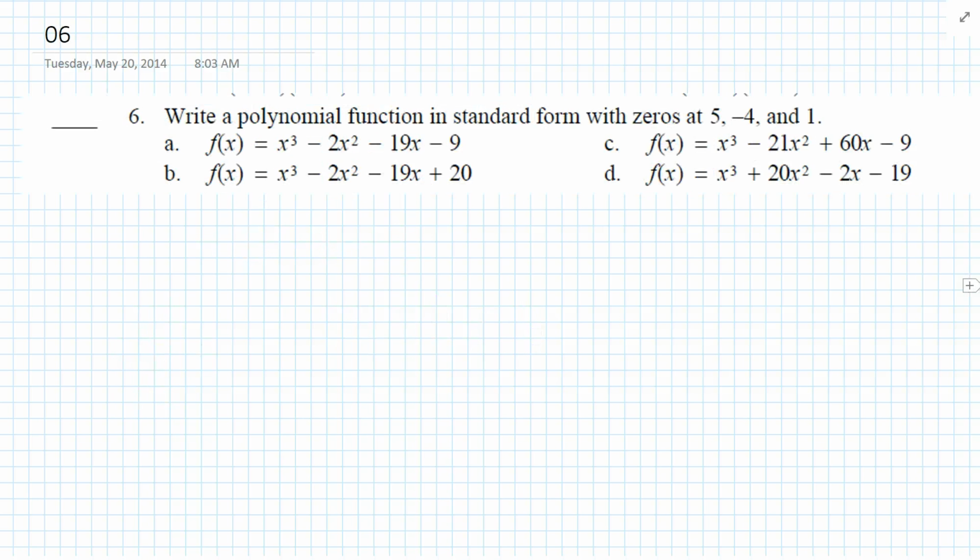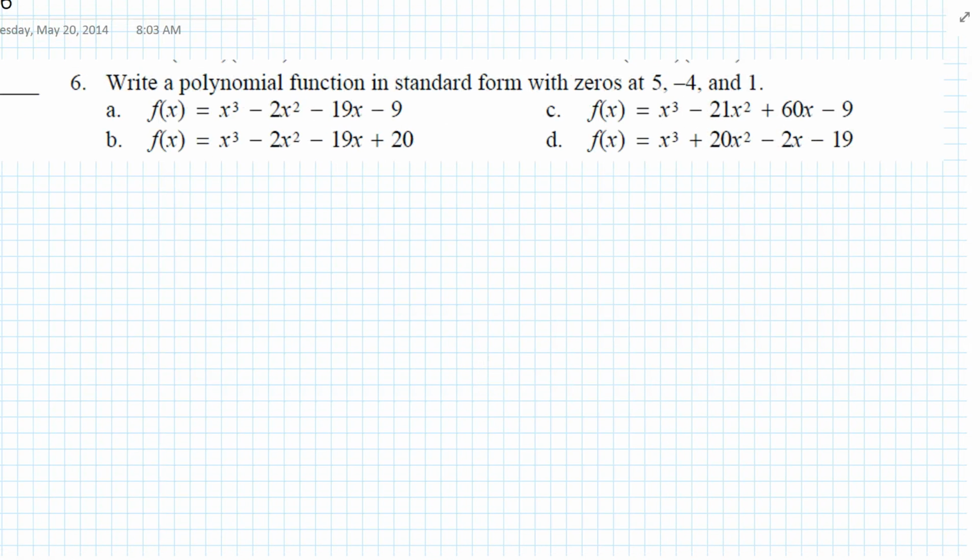Okay, number 6. Write a polynomial function in standard form with zeros at 5, negative 4, and 1. Well, we had a theorem that gave us some rules about zeros. The rules were, for every zero I'm given, I have a binomial that says x minus that number. So I got x minus 5 times x minus negative 4 times x minus 1.